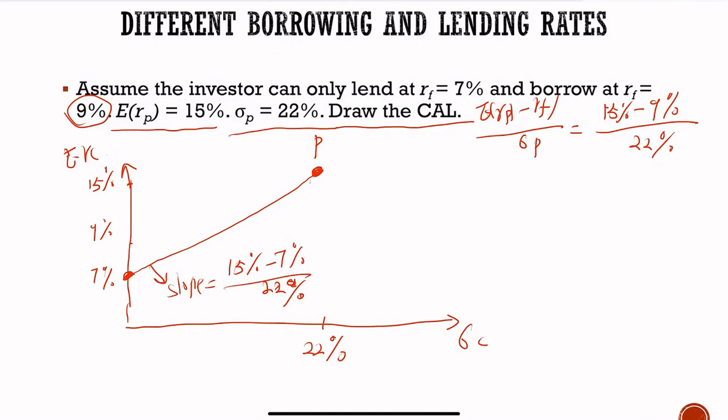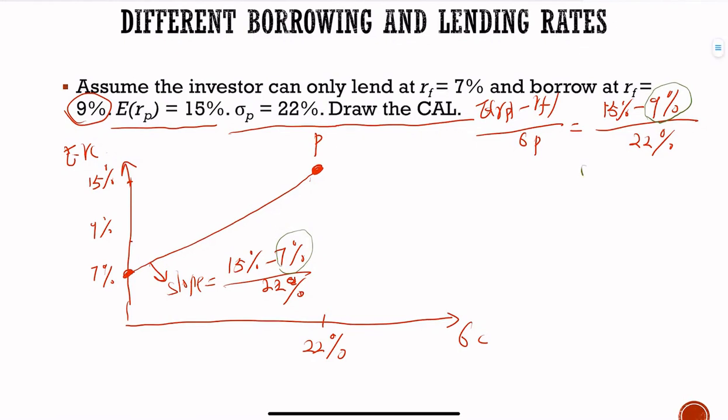You can see that this one is 7%. This one is 9%. So basically it means that the slope with the 9% interest rate should be smaller compared with this one. This means if you draw the capital allocation line on the right side of portfolio P, it should have a smaller slope.